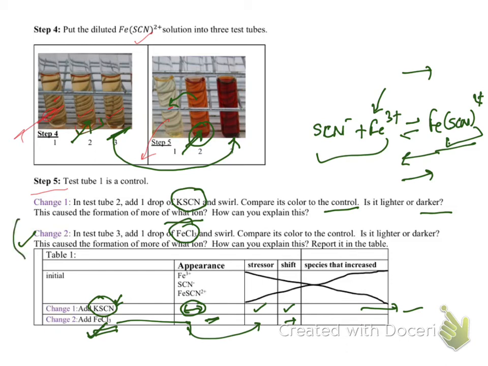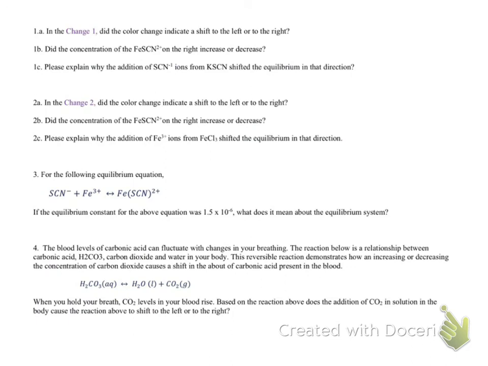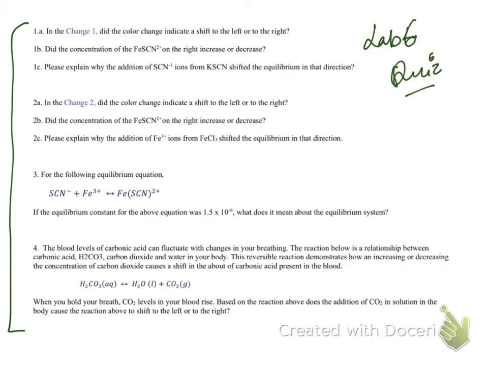Now once you're done filling this table, and again you do not submit the table, you're going to answer these questions under the lab 6 quiz. The first 3 questions are based on change 1. The next 3 questions are based on change 2.